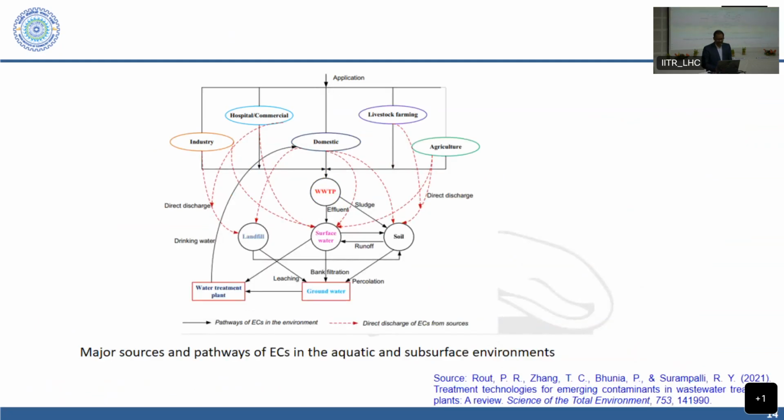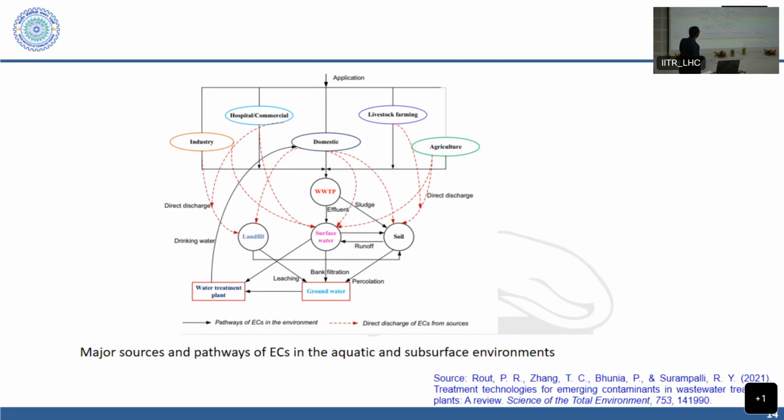So you can see here, this diagram I have taken from a paper. This is the hospital, this is the industry, and this is domestic, livestock, farming, and agriculture.